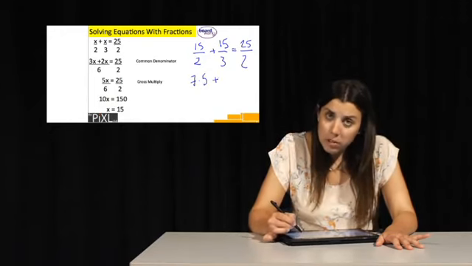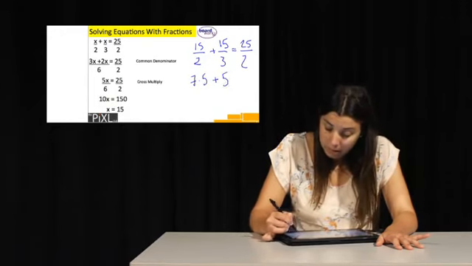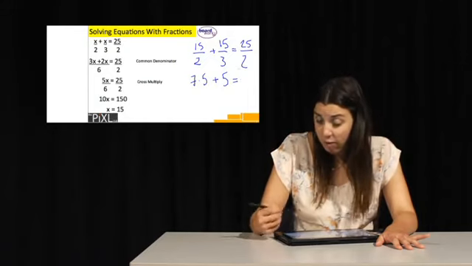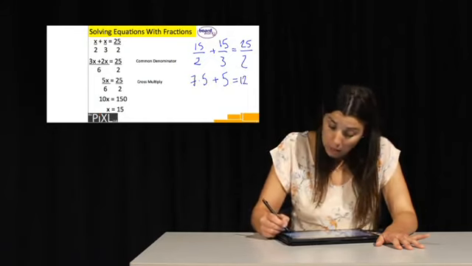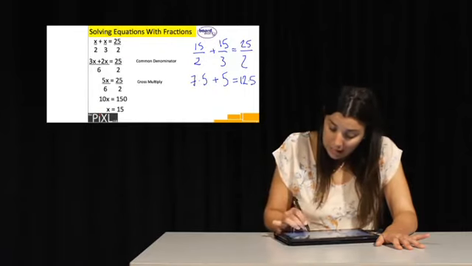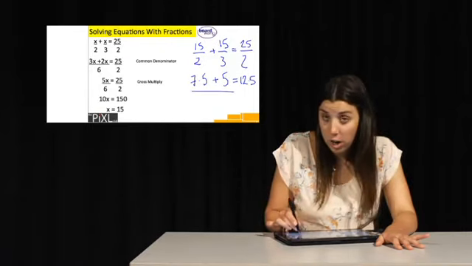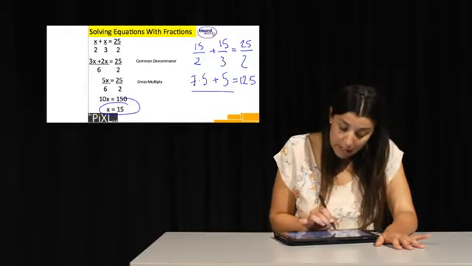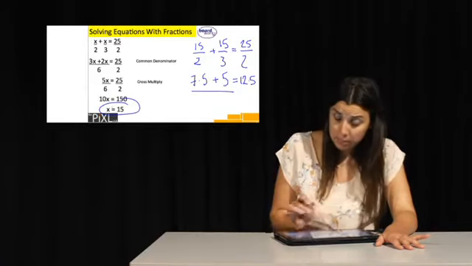Add 15 divided by 3 is 5, equals 25 divided by 2, that's half of 25, which is 12.5. Is 7.5 plus 5 12.5? Yes, therefore you must have the right value for x here being 15.